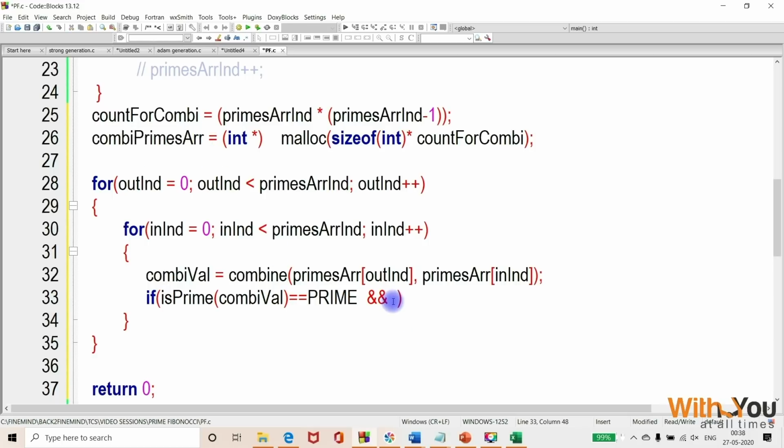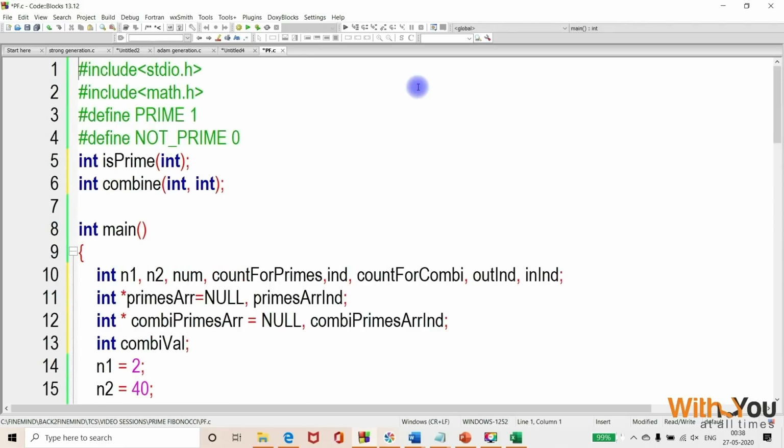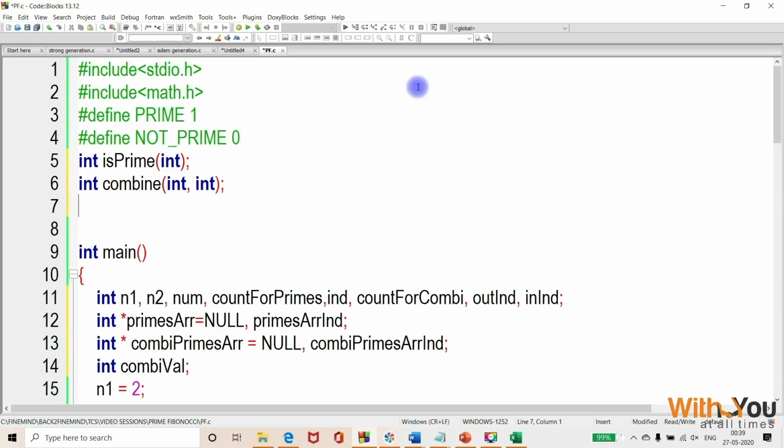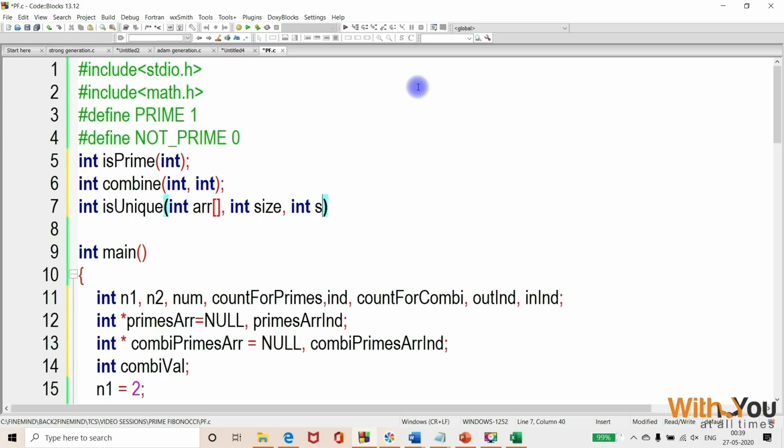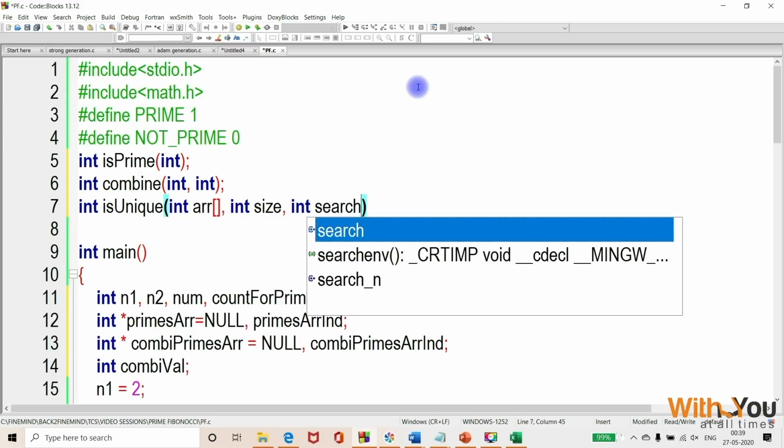So we need one more helper. Who? A guy, find hardly 4 lines, a guy who would find out whether the data is unique. Int is unique. So what would we give him? We would give him one array, we would give him one size, and we would give him one search val.